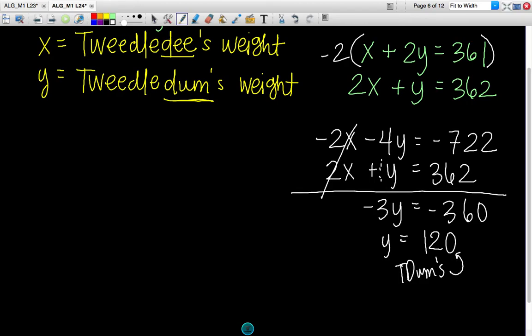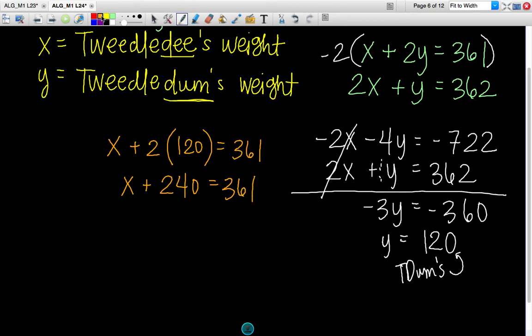Now we need to plug Tweedledum's weight in to find Tweedledee's weight. So again, it doesn't matter which one you use, so I'll just use the top. X, we don't know what x is. X plus 2 times y, we just found what y was, equals 361. So this would be x plus 240 equals 361. Subtract 240, x equals 121.